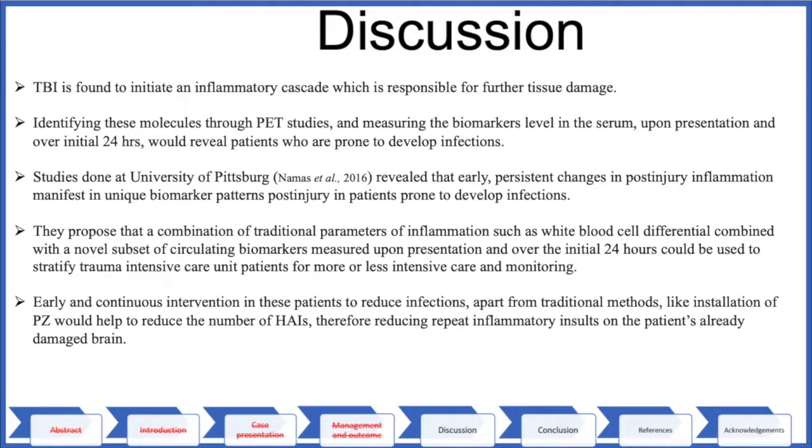They proposed a combination of the traditional parameters of inflammation, not just measuring the white blood cell count, but combining it with serum inflammatory cascade biomarkers within the first 24 hours to categorize the patients who are prone to nosocomial infections.